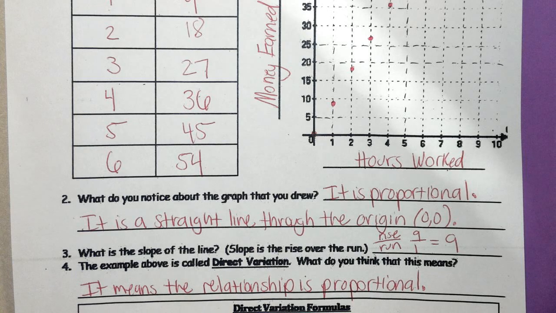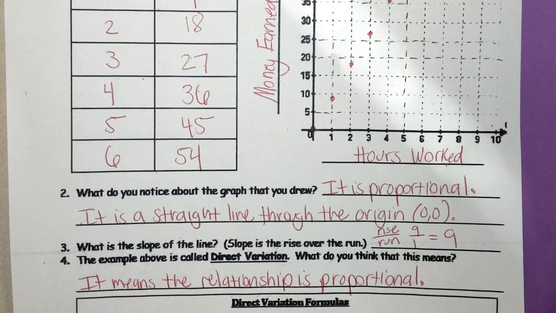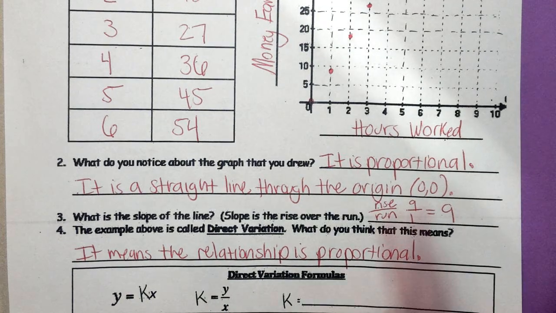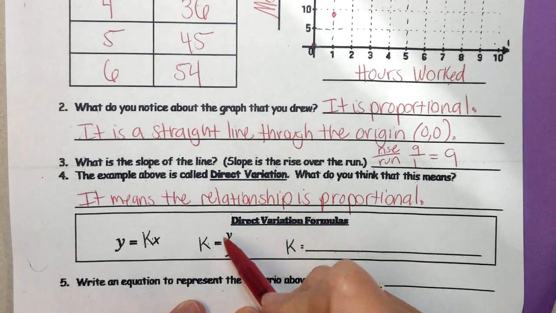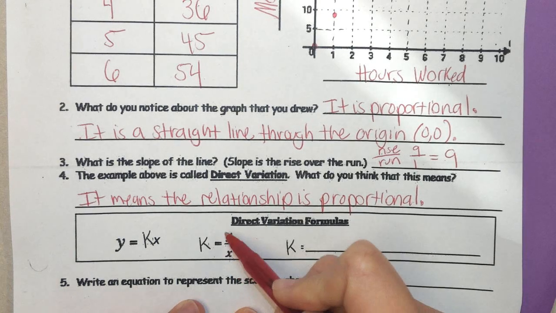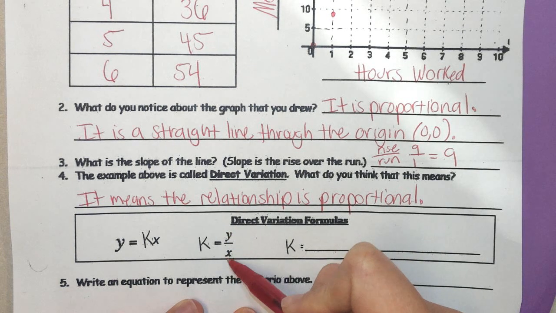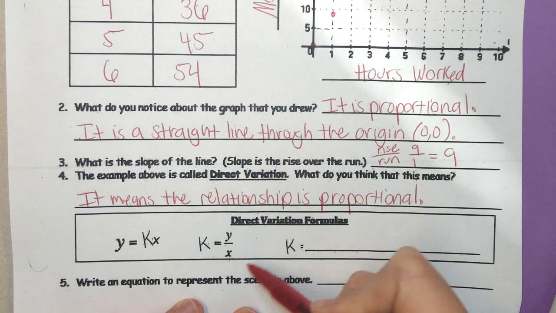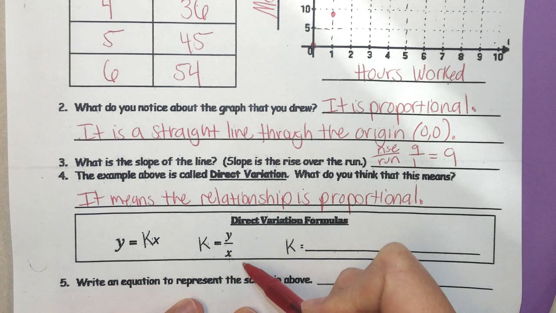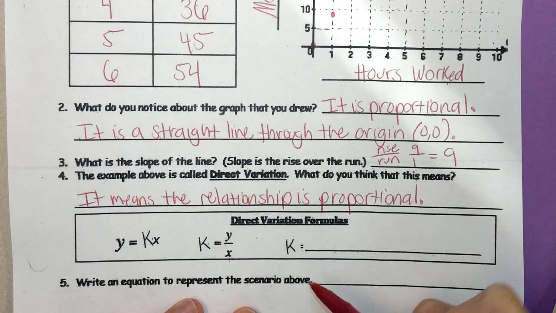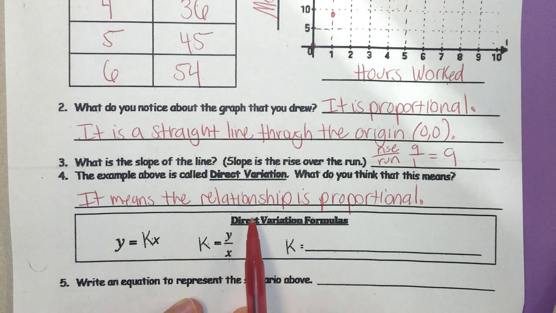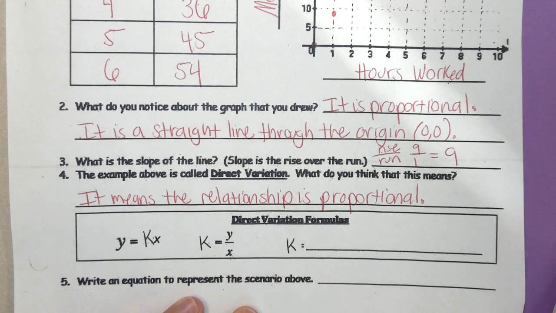Y over X. So guys, it should not be a surprise today that when I want you to find K, it is just Y over X. We've already been doing Y over X, Y over X, Y over X. Are they all equal? If they are all equal, then we know it is proportional. So today, if it's proportional, it's a direct variation, and we have a K value.